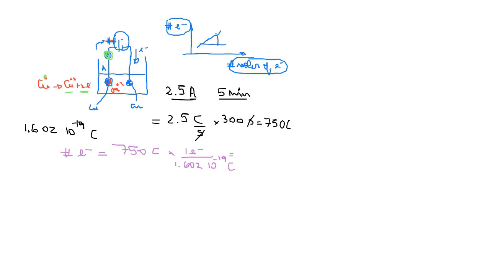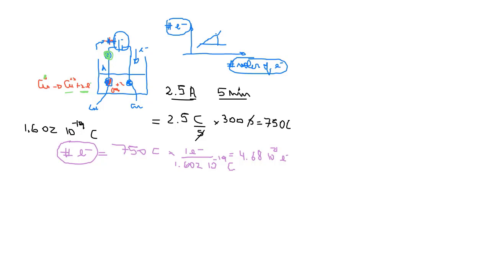That is how I calculate the number of electrons. I will need that data when I go to Excel for my y-axis. In this case, I obtain 4.68 times 10 to the 21st electrons.